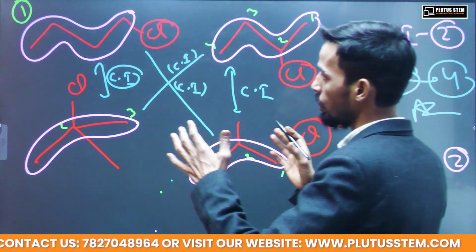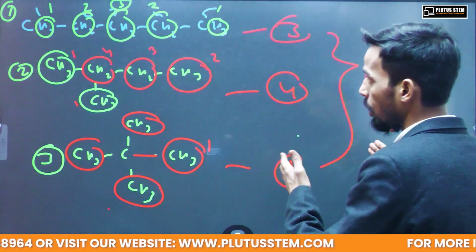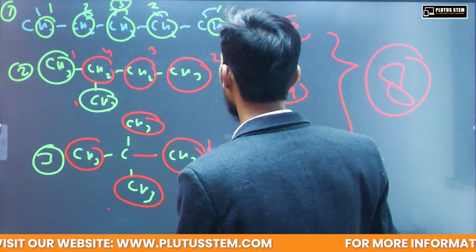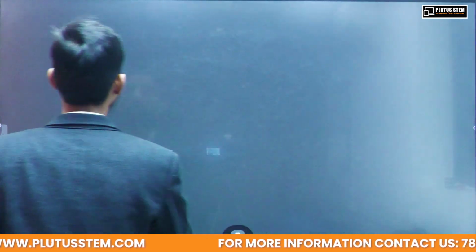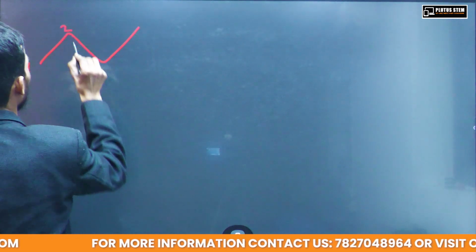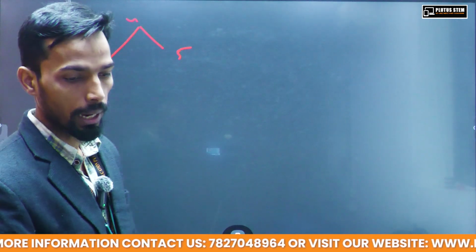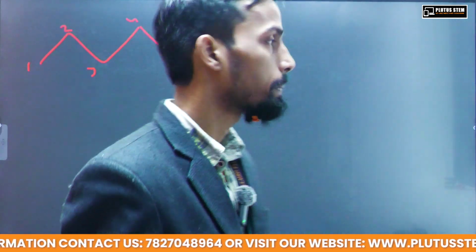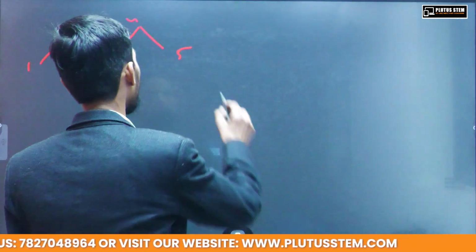You just need to know the main parent chain and from where the isomers are originating, and how we can draw them. For carbon number 5, firstly we will try to draw the isomers.